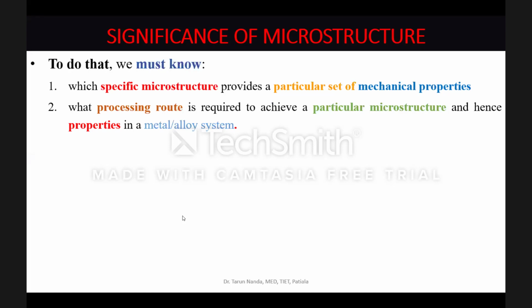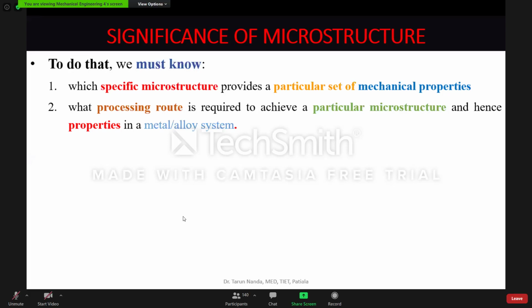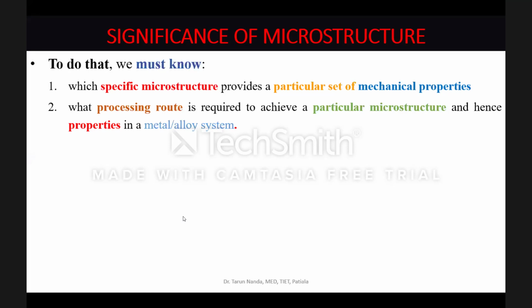And that is what exactly industrial metallurgy tries to equip you with. Industrial metallurgy would tell you why a particular microstructure is giving a particular set of mechanical properties in a metal system. Industrial metallurgy or physical metallurgy would explain what microstructure is needed to bring about some desirable mechanical properties in a material system.